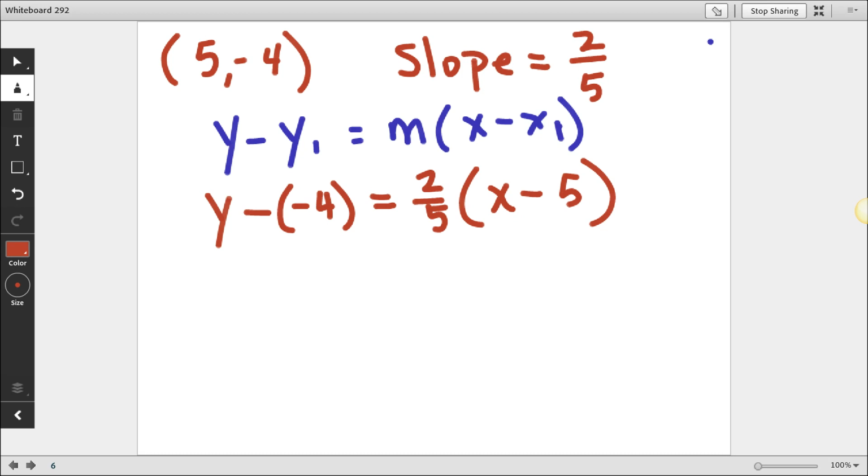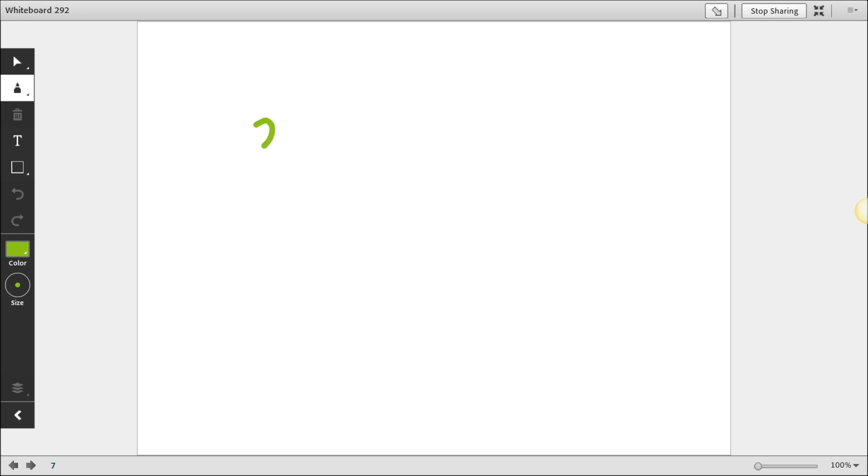All right, so now simplify what I can simplify. So over here, I can make that into +4. So we got y plus 4 equals, and over on the other side, I'm going to distribute. That's 2/5 x. And then minus, what is 2/5 times 5? So let's do a little side work on the next page here. We got 2/5 times 5.